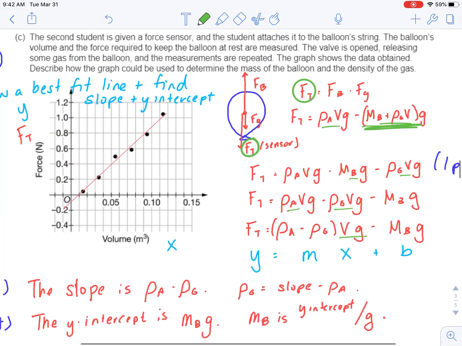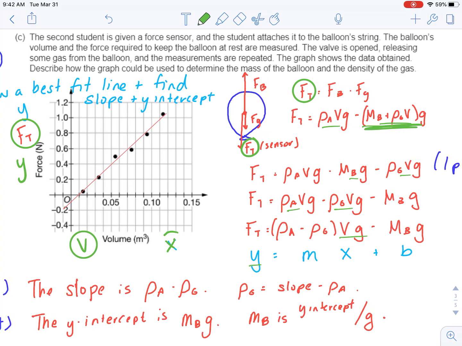And when I look at my graph over here, what I notice is that this force on the y-axis is the tension force. And I notice that volume is on the x-axis.